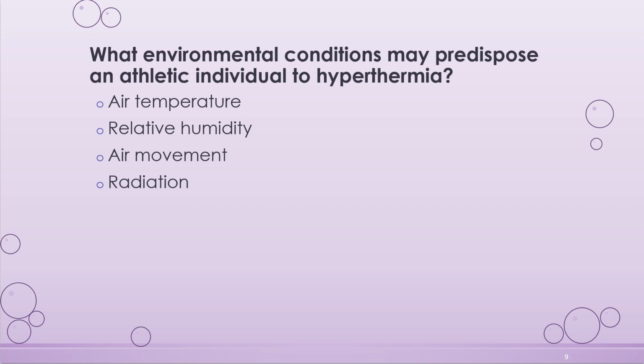Now, radiation involves the transfer of heat in the form of infrared waves between the body and its surroundings. So in hot conditions, the body can absorb radiant heat from the sun or other hot objects, adding to the heat load. On the other hand, in cold conditions, the body can lose heat through radiation to cooler objects or the night sky.